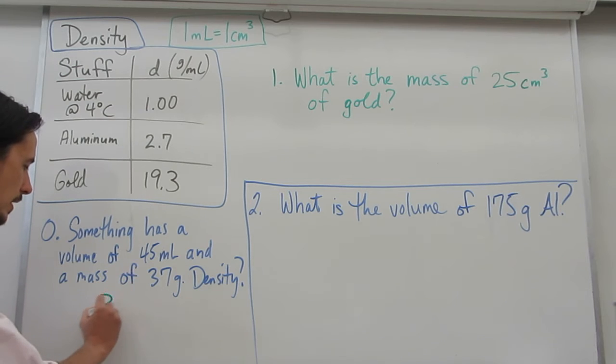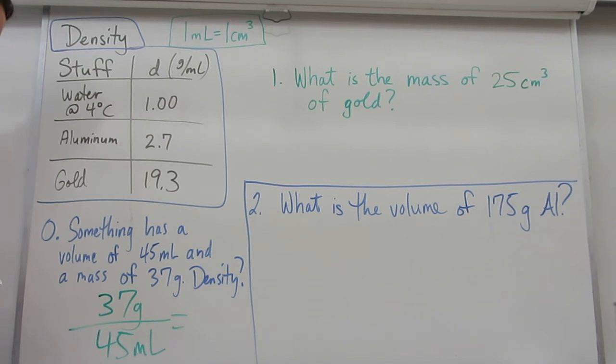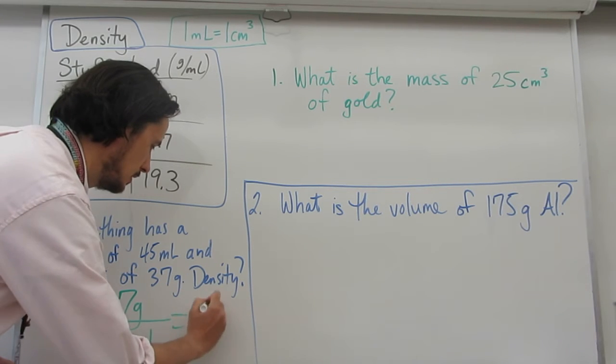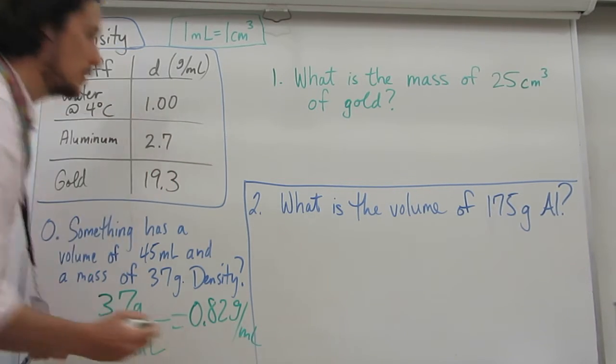So I write 37 grams over 45 milliliters, and that's going to give me a density because the unit is right. So 37 divided by 45 is 0.822, and this should be 2 sig figs, so 0.82 grams per milliliter.